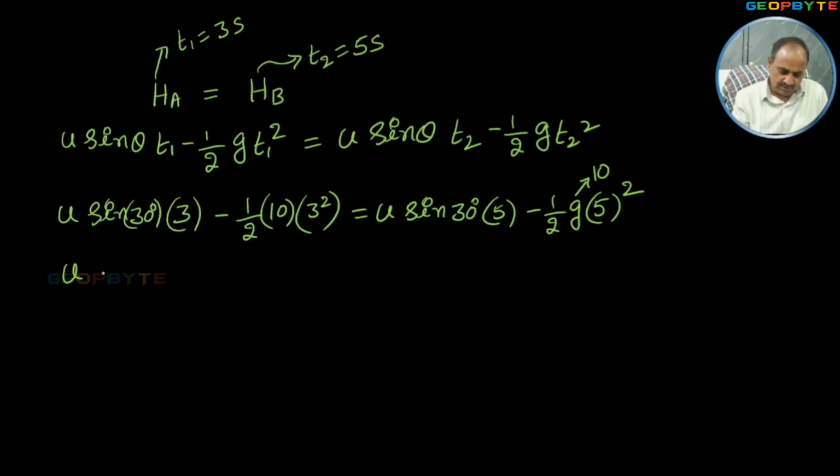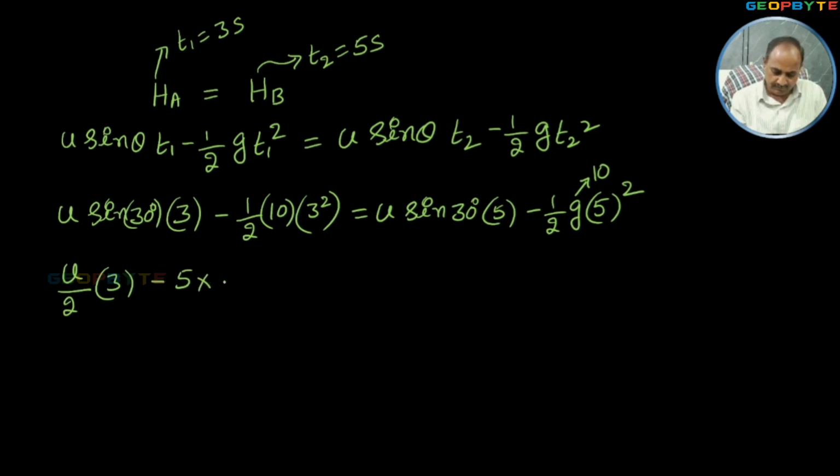It is u sin 30, that is u by 2, into 3 minus 5 into 9. Not 5 by 2, 5 only. Take a minute, you should be very careful. Here 10 by 2 is 5.